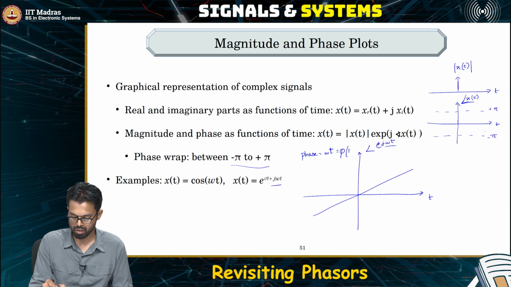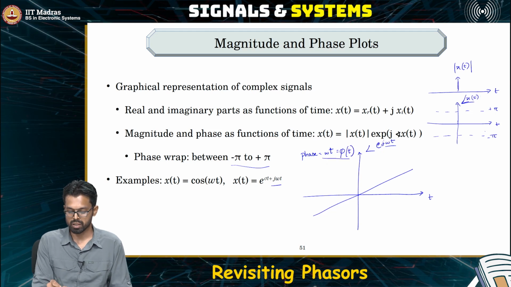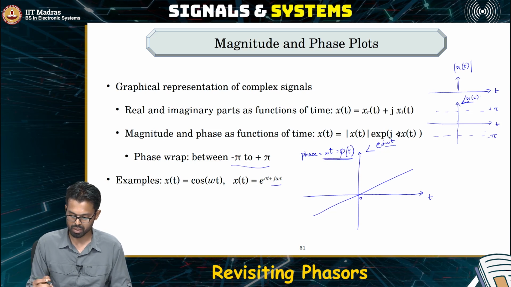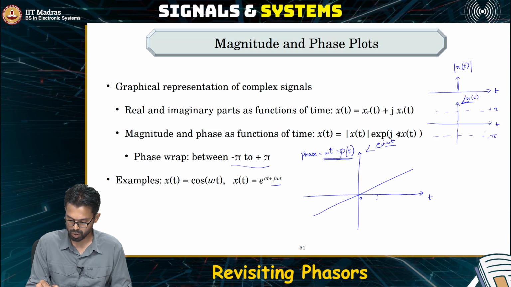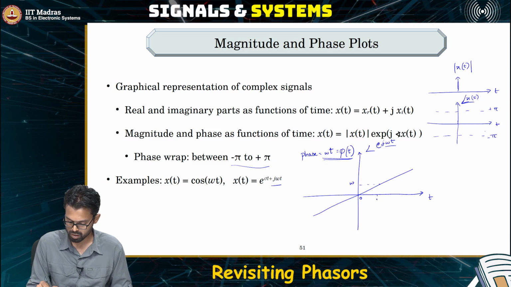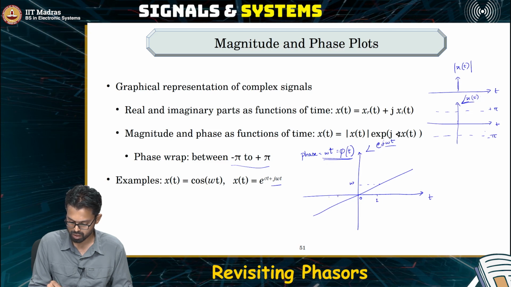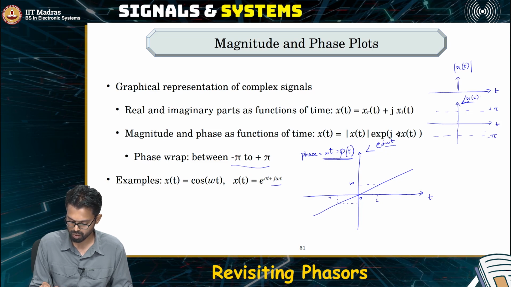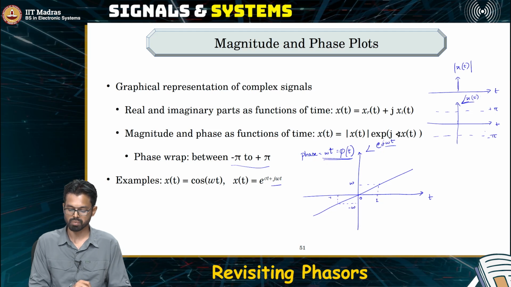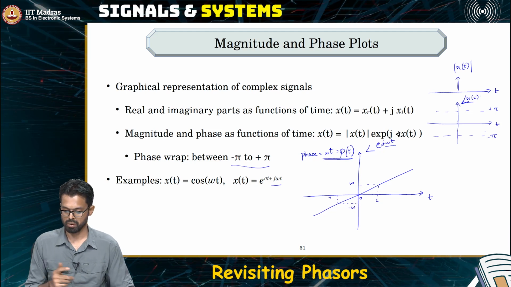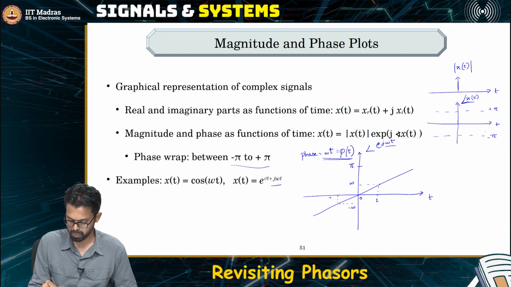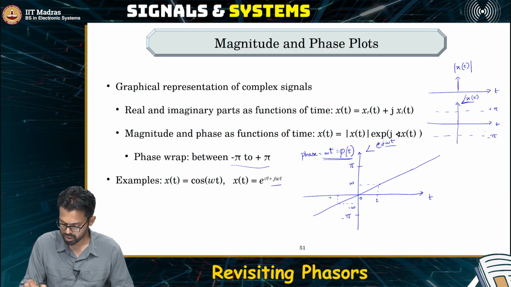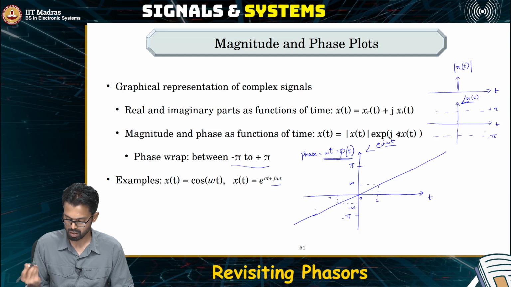This is the function that you're plotting, which is nothing but this straight line where this is 0, at t is equal to 1 this is omega, and at t equal to minus 1 this is minus omega. This is the phase plot. Now let us say this is pi and this is minus pi. So this is an absolutely correct phase plot, nothing wrong with this phase plot.